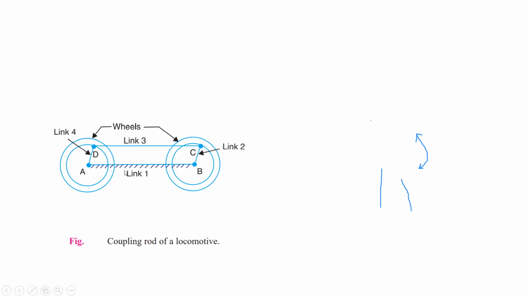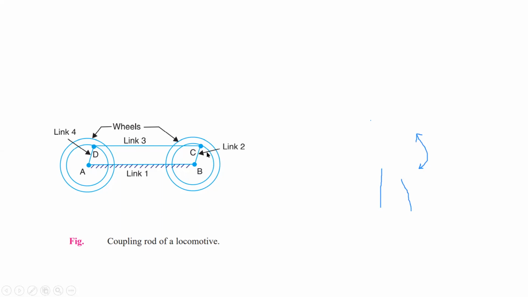So what will happen here, as it is a special case, where link AD is equal to link BC, both are parallel, link 1 and link 3 are parallel, that's why they are also equal in length, okay. So what will happen when the link AD will turn with a complete revolution, at the same time link CB will also turn, okay.